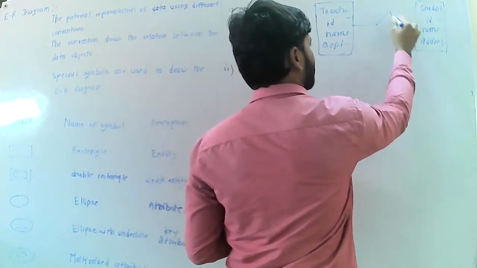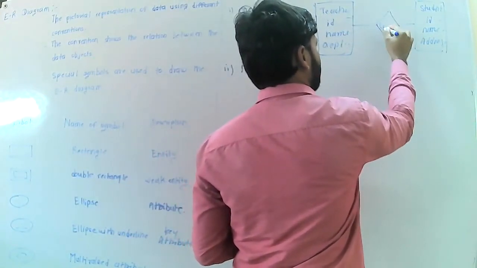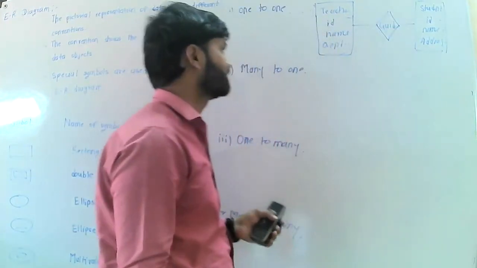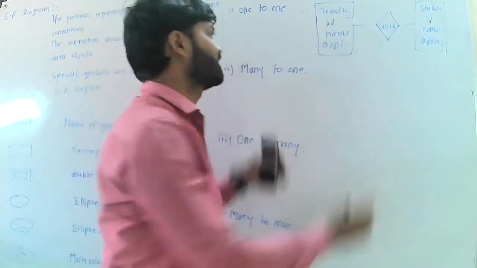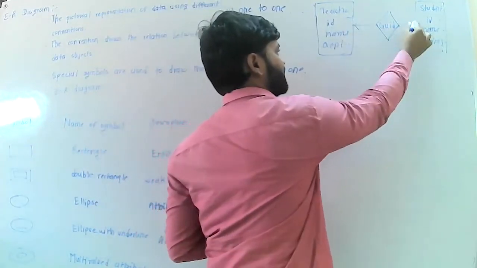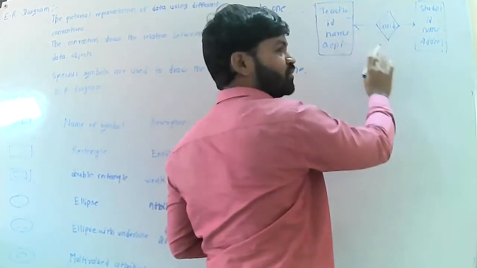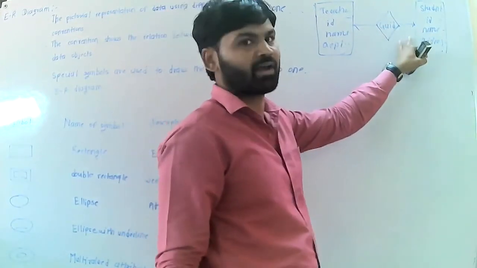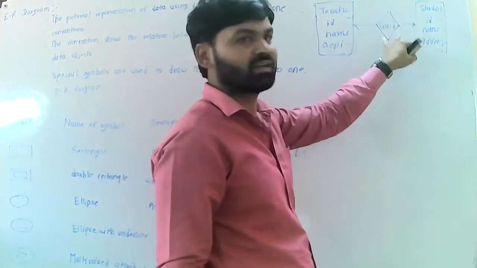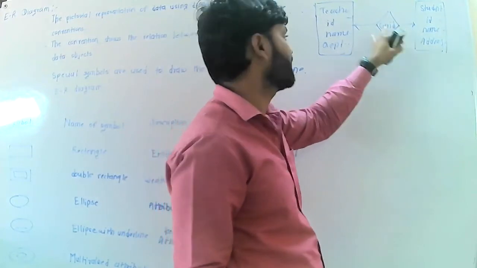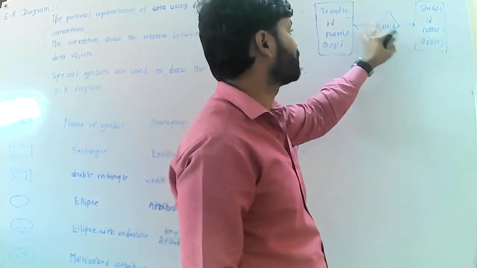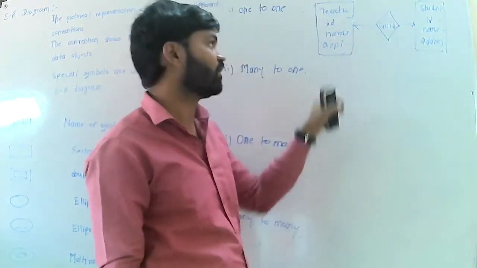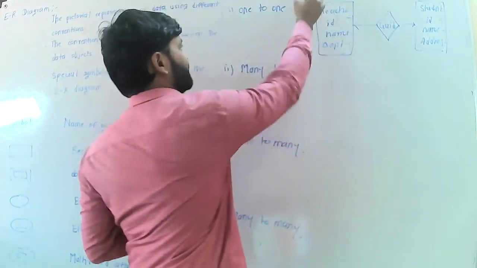There is a relation, guide. One to one relationship: you have to show a two-side arrow with a diamond. The relation shows a diamond. You have to use a two-side arrow in the one-to-one relationship of mapping cardinality.